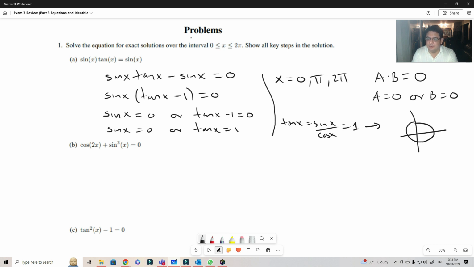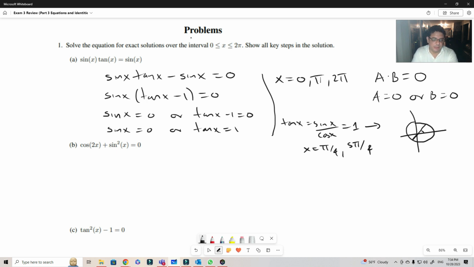That happens when we have pi over 4, right? They have to have the same sign, by the way. So that's going to happen here at pi over 4, or it's going to happen here at 5 pi over 4, where they're both negative. Okay? So the solution is pi over 4 or 5 pi over 4.